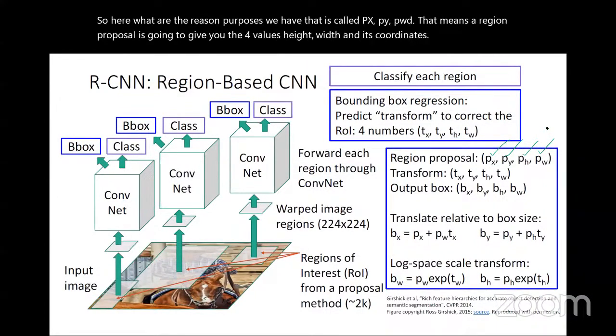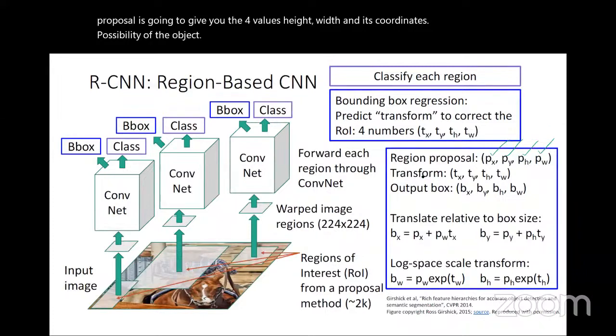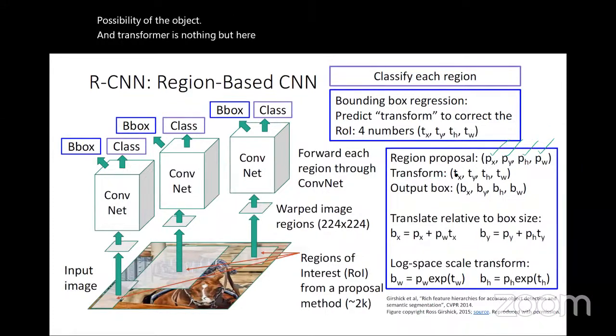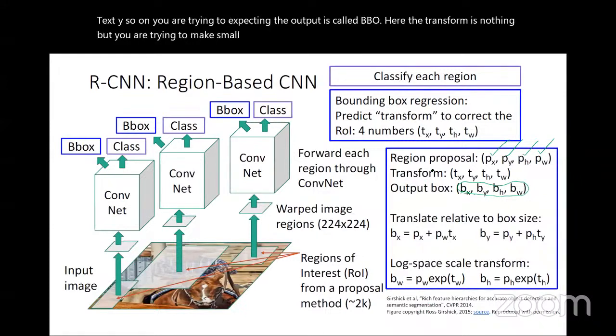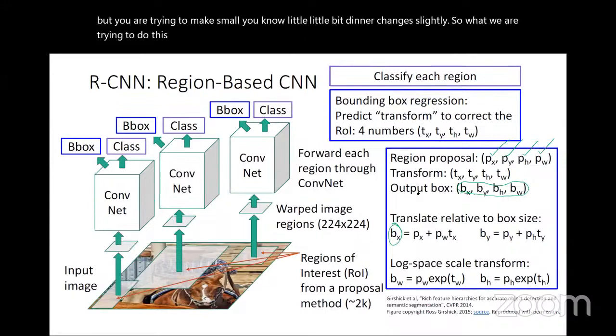And the transform is TX, TY and so on. You are expecting the output BX, BY. The transform is making small changes slightly. In the bounding box, whatever region proposal PX you got, you multiply PW into TX.